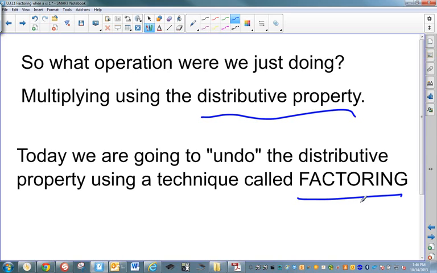Once again, factoring, we're going to think about it as undoing the distributive property.